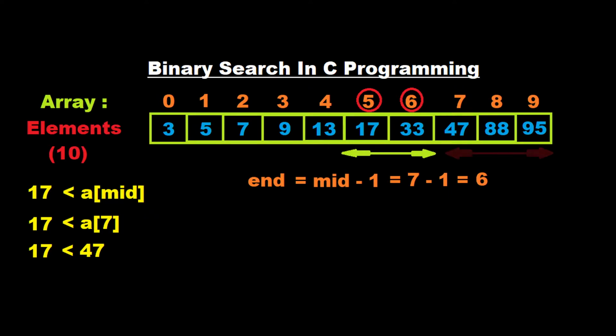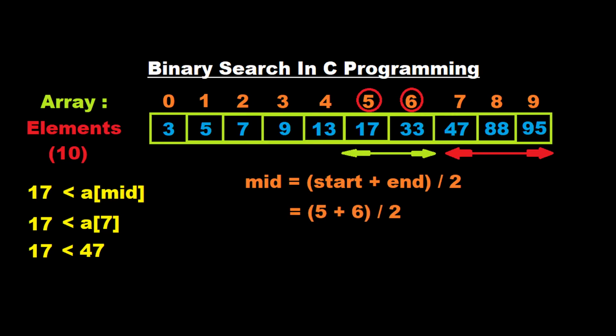We are skipping this end part because the key value is not present here, as it is less than this part. Now again mid is equal to (start plus end) divided by 2, which is 5 plus 6 divided by 2, which is 5 approximately. Now let us check once again.